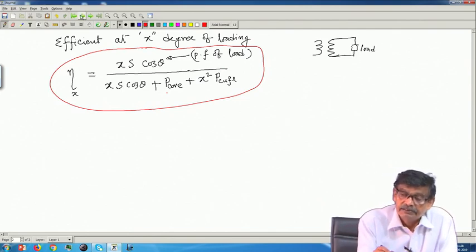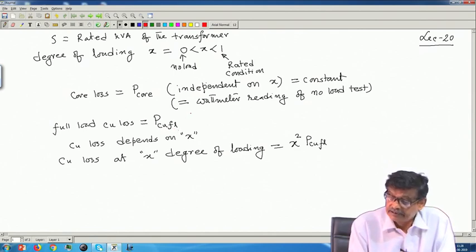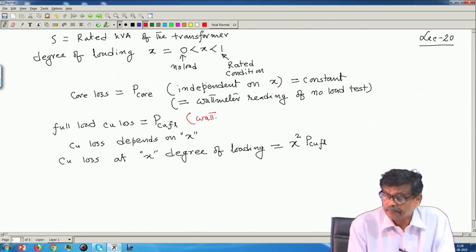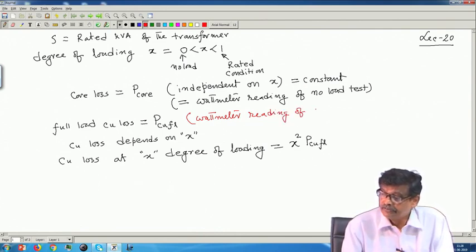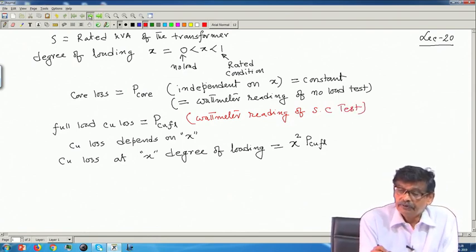You recall that this PCU full load is the wattmeter reading of the short circuit test. Got the point.